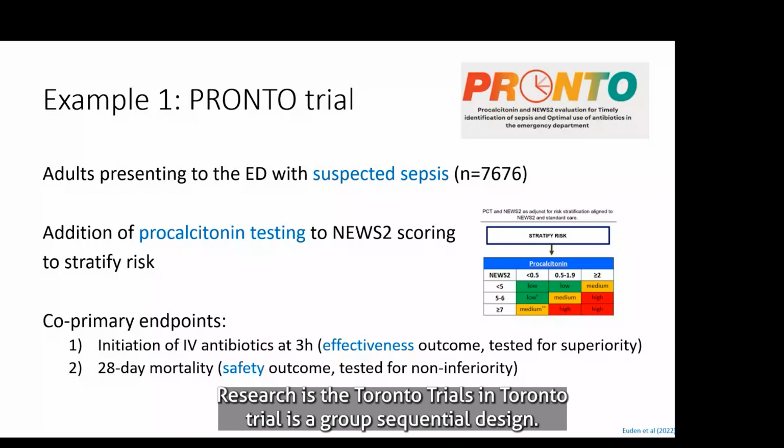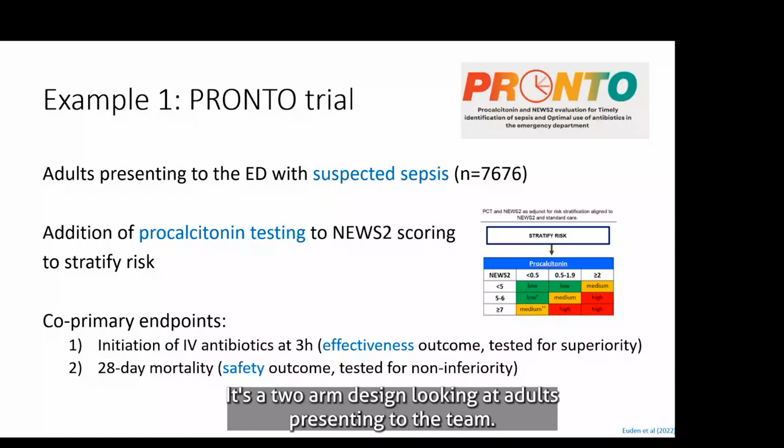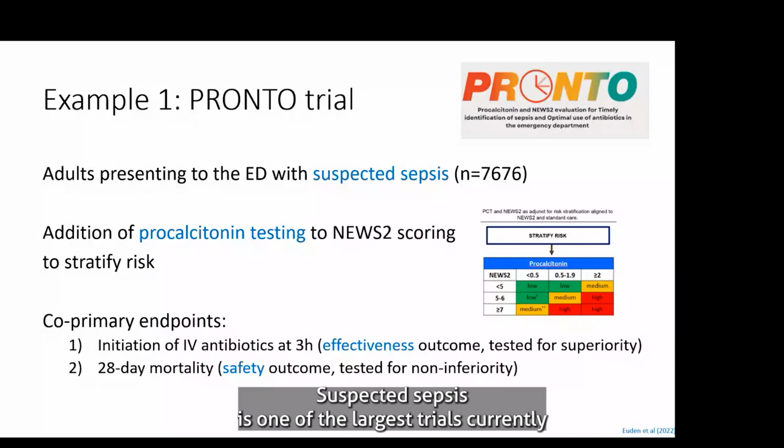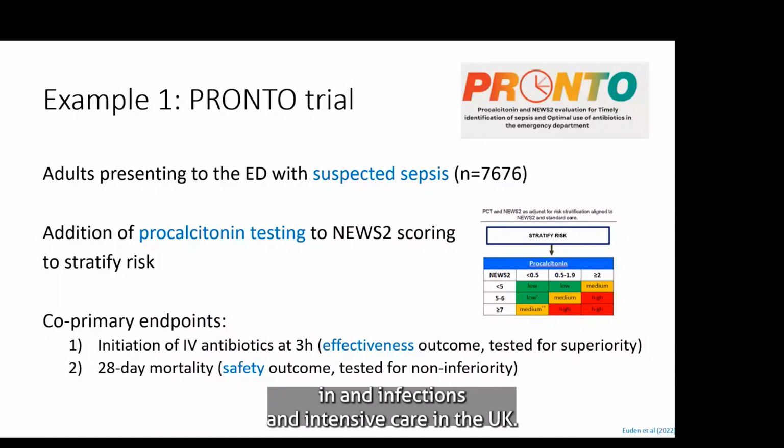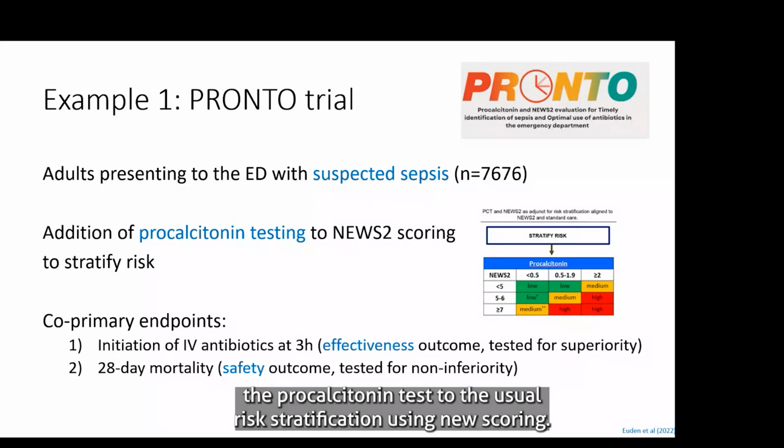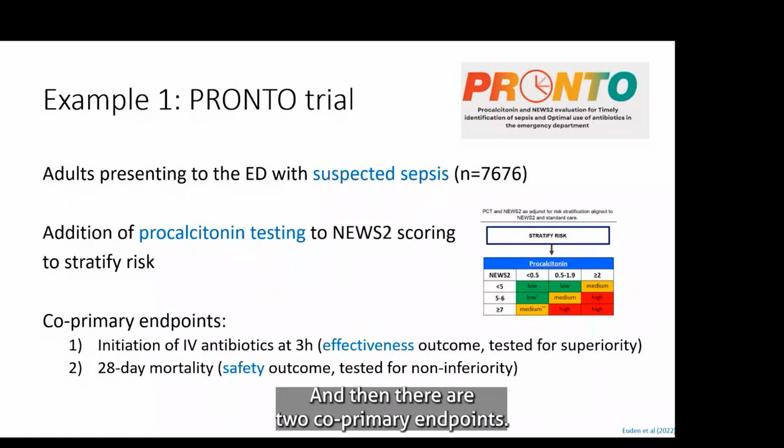So the Pronto trial is a group sequential design. It's a two-arm design looking at adults presenting to the ED with suspected sepsis. It's one of the largest trials currently in infections and intensive care in the UK. The intervention is to add a biomarker test, a procalcitonin test, to the usual risk stratification using NEWS scoring, and then there are two co-primary endpoints.